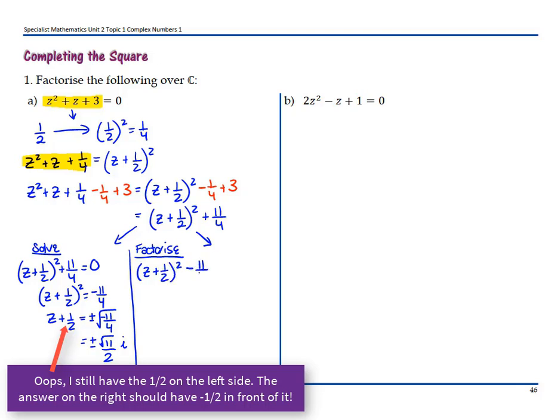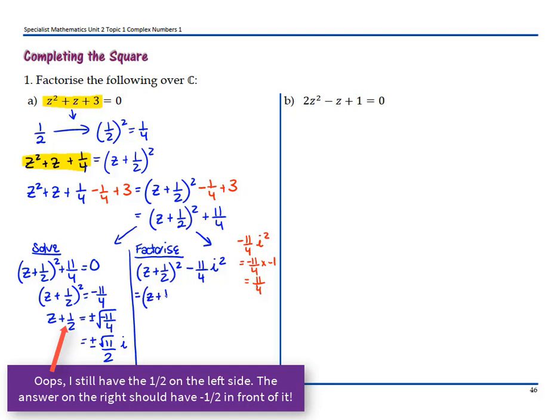If I want that to be negative 11 over 4, if I times by i squared, that's the same thing because i squared is a negative. So negative 11 over 4 i squared is negative 11 over 4 times by negative 1, which is 11 over 4. So I haven't changed anything, but now I can factorize it because it's a difference of perfect squares.